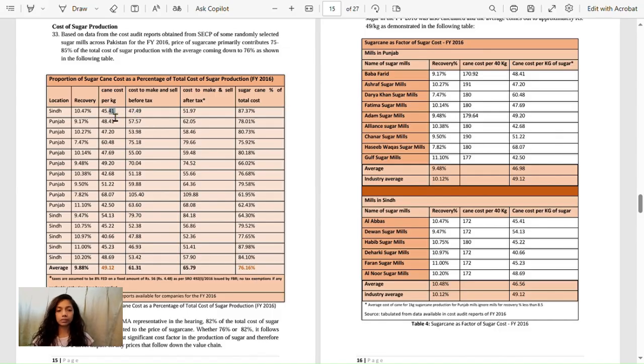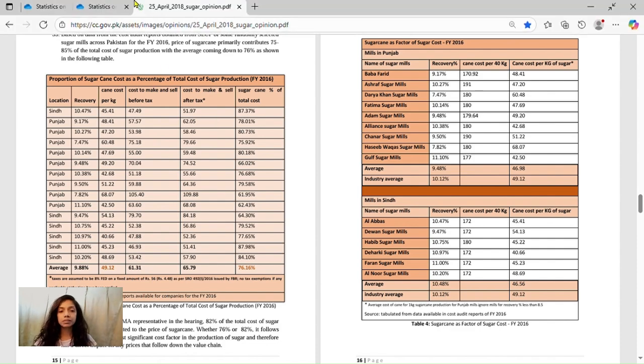And this cost, we are saying, is the total cane cost for making 1 kg of sugar. And here is the cost to make and sell after tax. Once you add tax to this cost of 47.49, it becomes 51.97.